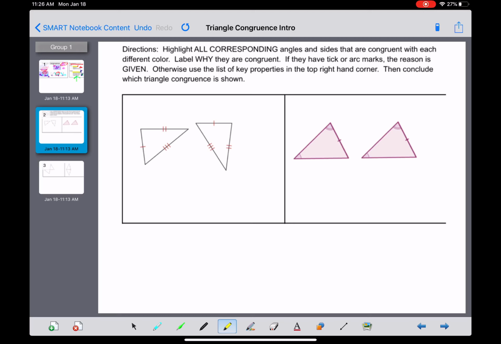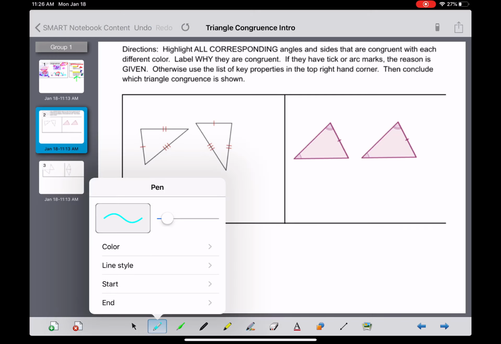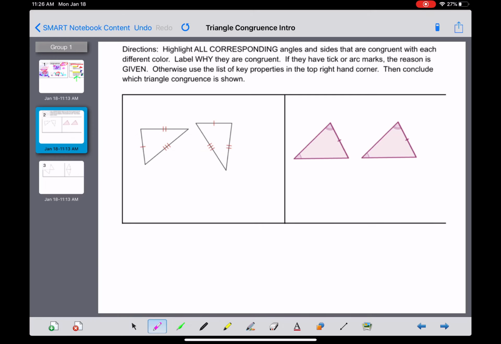So if I look at my first example, I'm going to mark this side with this side. Okay, the reason is given. So I'm going to write in pink so that I'm kind of making that game plan again for when we get to proofs, that these 2 sides are congruent because they are given.